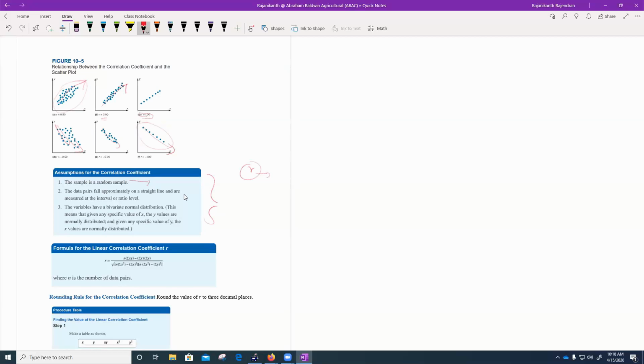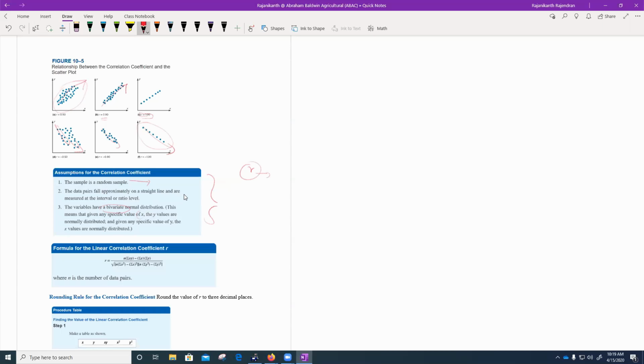The variables have a bivariate normal distribution. The bivariate means what? You will have two variables. If you fix one variable and the other one depends on the first one, that variable is going to be normally distributed. That's what they explain here, right? This means that for any given specific value of x, you are fixing x, then you are looking at the distribution of y.